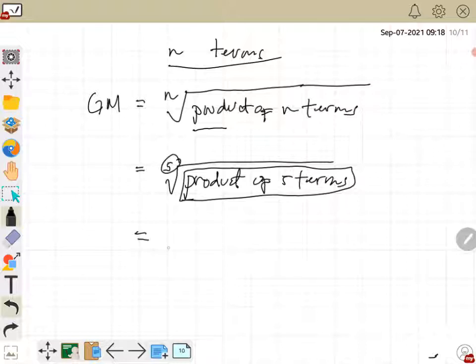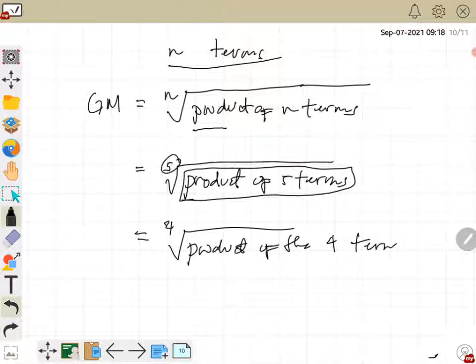If you have 4 terms, simply get the fourth root of the product of the 4 terms. So that is how it simply works. So let's try with this next example.